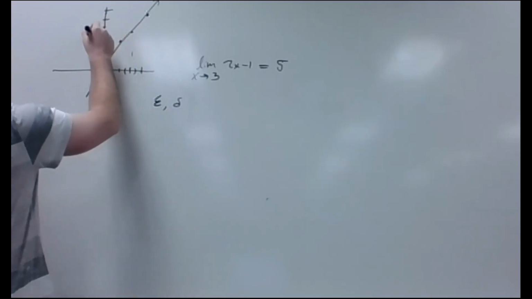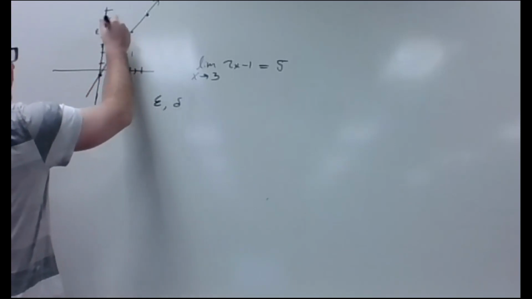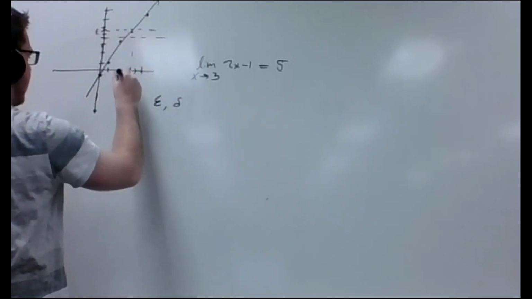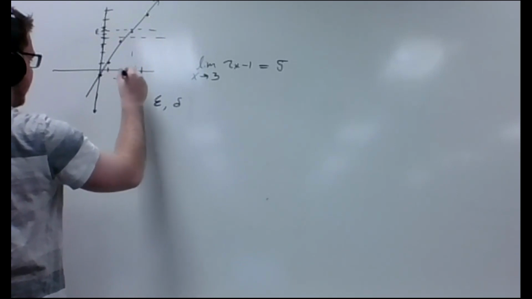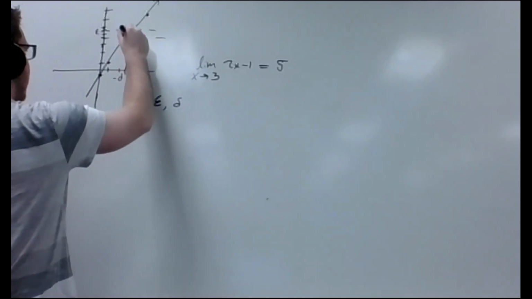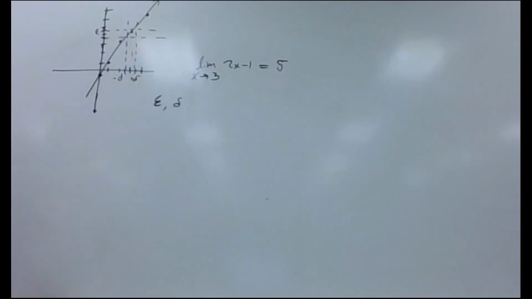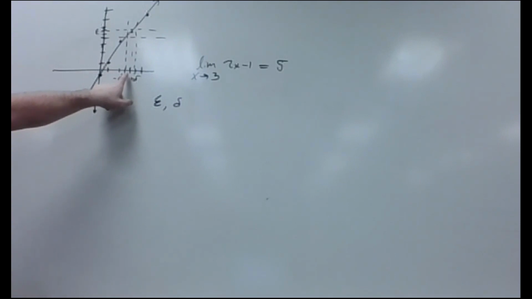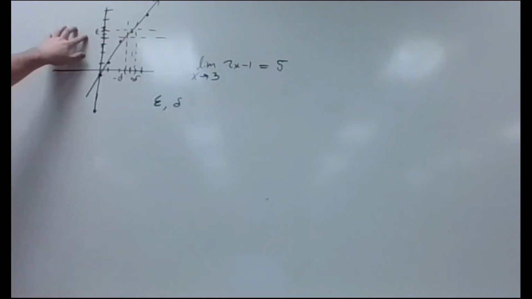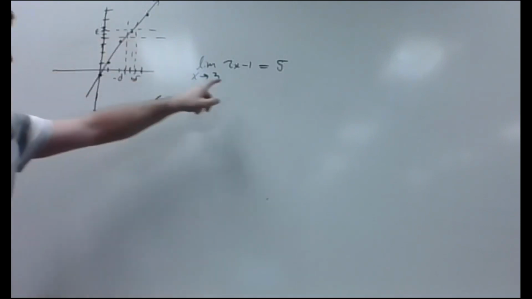These would be epsilon bounds, and these would be delta bounds. So this would be minus delta, and this would be plus delta. And there would be some x value that you would plug in that would give you a value really close to our actual limit.